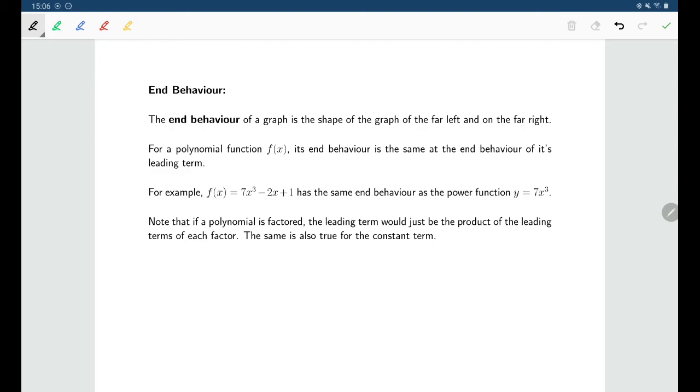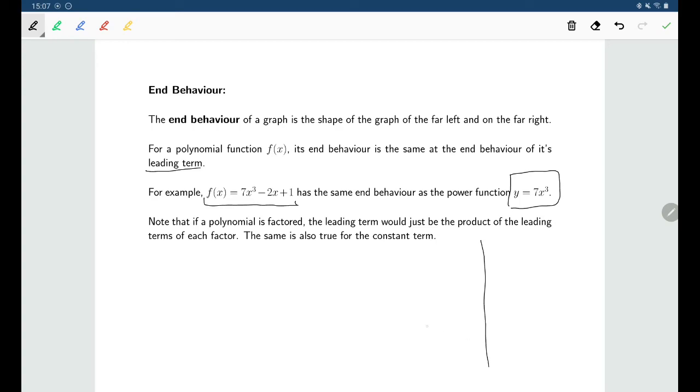And the nice thing is that the end behavior for our polynomial is going to be the same as the end behavior for our polynomial's leading term. So, for example, if you were looking at graphing this polynomial, 7x cubed minus 2x plus 1, you want to know what is the end behavior. The end behavior would be the same as its leading term.